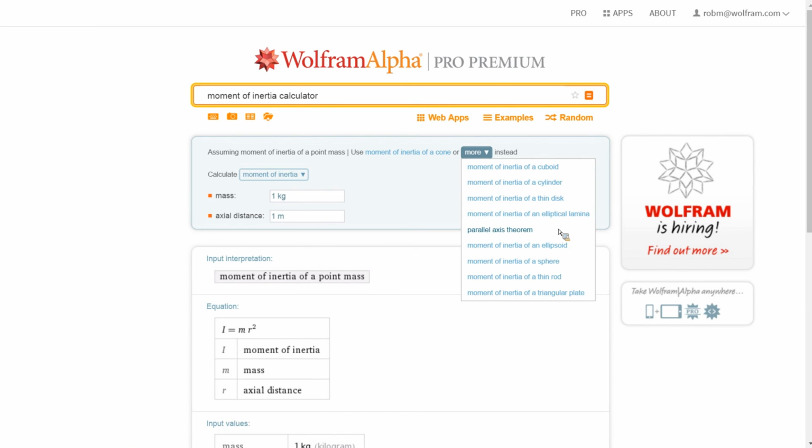But they think that the moment of inertia of an elliptical lamina or a triangular plate is not a thing, because they've never seen an equation for it. And that's because the equation is probably too hard for them. But that's the wrong message to send. We want to make sure that they know that it's just a number. It may be difficult to calculate, but it's just some number. It's a property of the object.